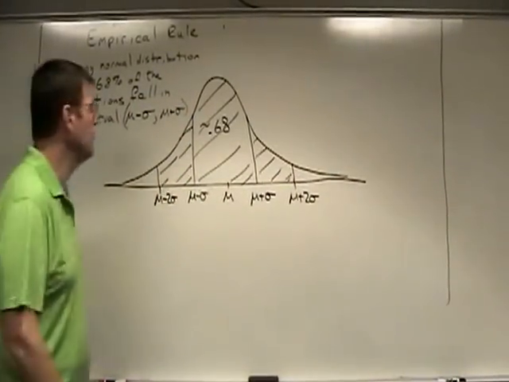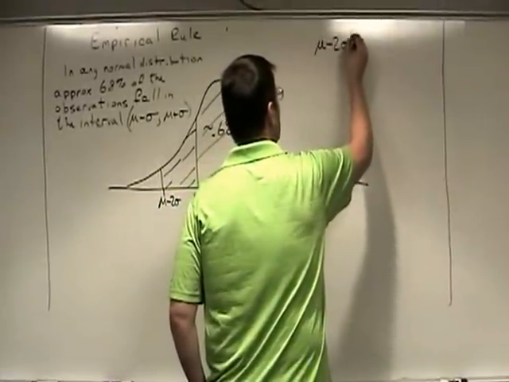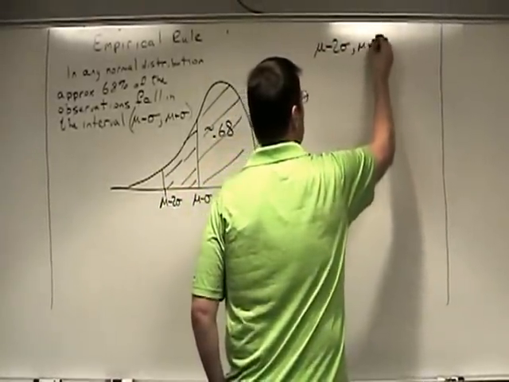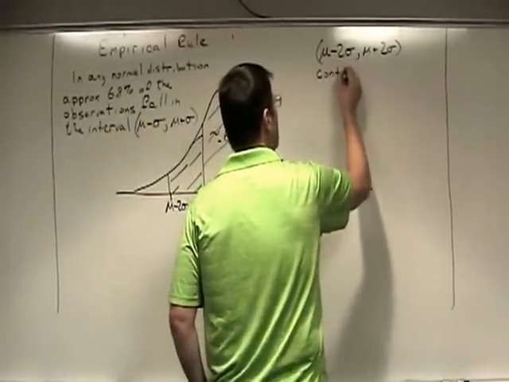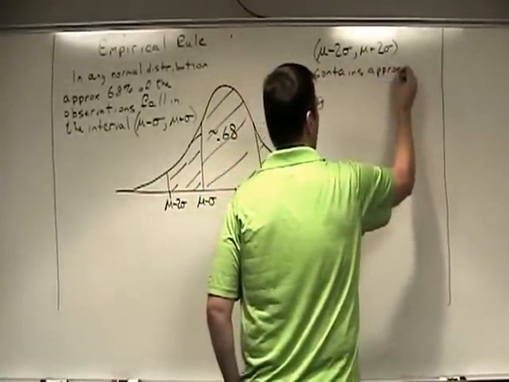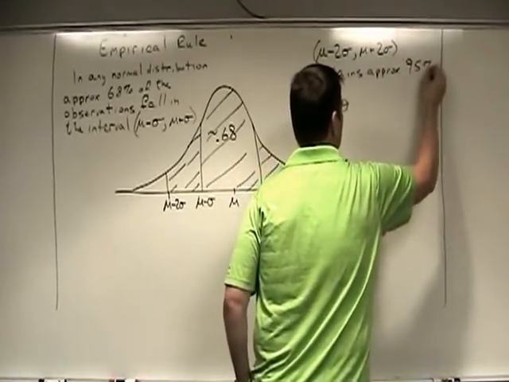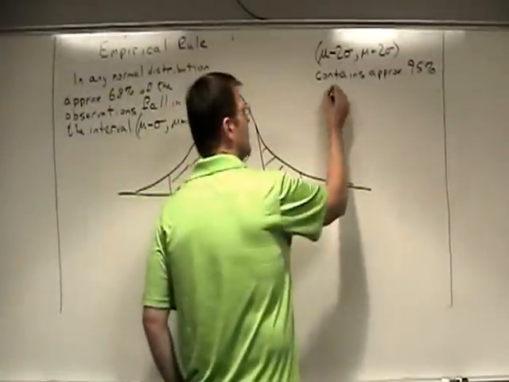Well, it turns out that if you look at the interval mu minus 2 sigma to mu plus 2 sigma, this contains approximately 95% of all observations.